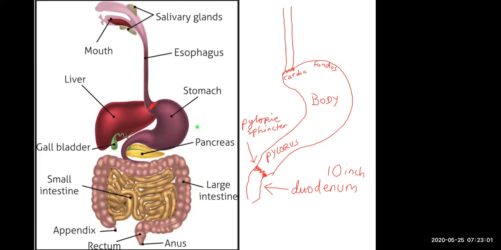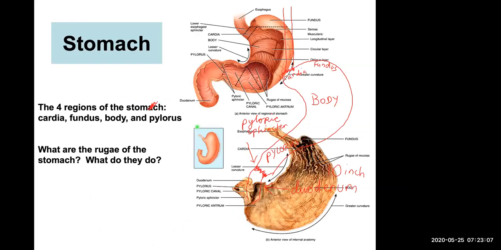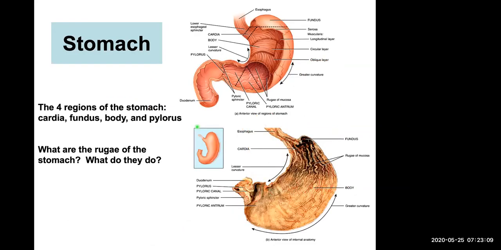All right. So within the stomach, let's show you another picture of the stomach. And so here is a picture showing a couple of things that we've kind of already talked about. So we have an innermost layer, a third layer of muscle, and that is called the oblique layer. Okay, and it's only found in the stomach, this oblique layer.